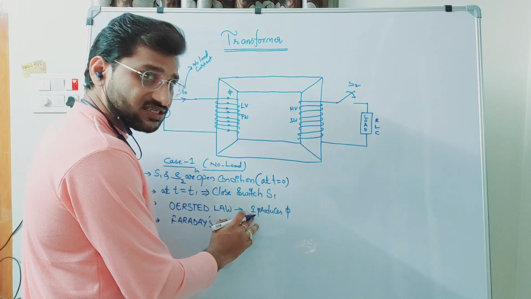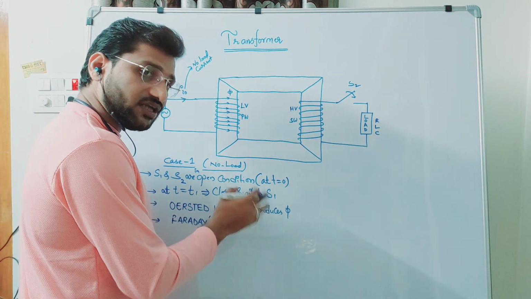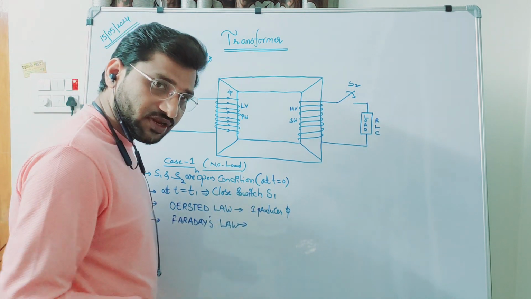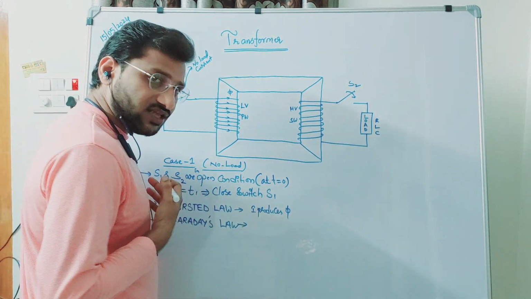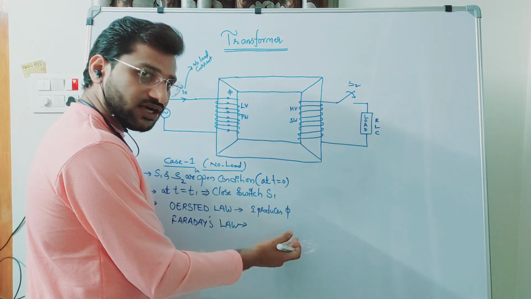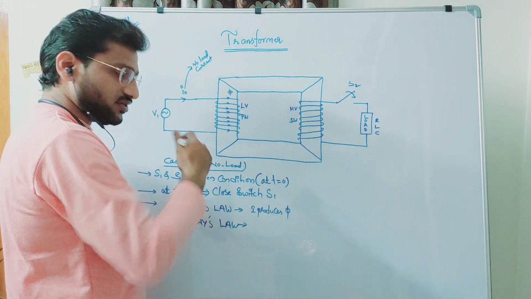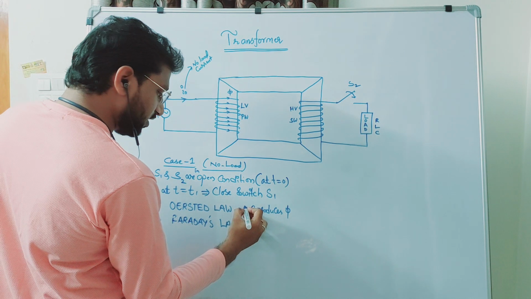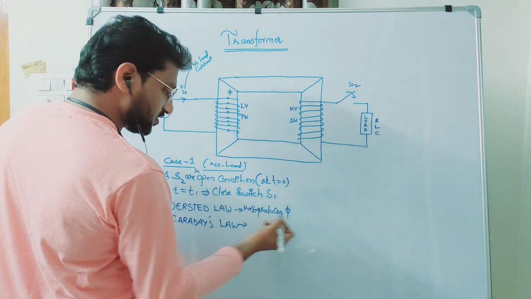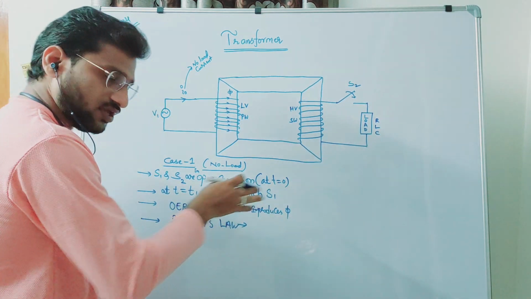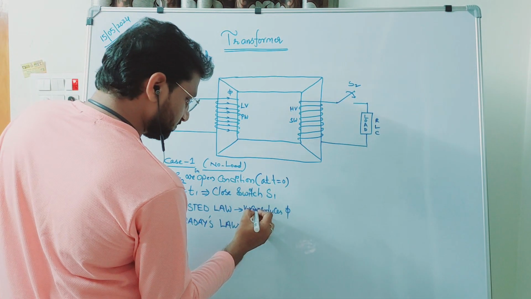But generally current is not an independent variable, it is a dependent variable. Voltage is the independent variable. That means when there is some current flowing through the conductor, there is some voltage behind it. So voltage produces current and the current produces flux. That is the flow of concept.